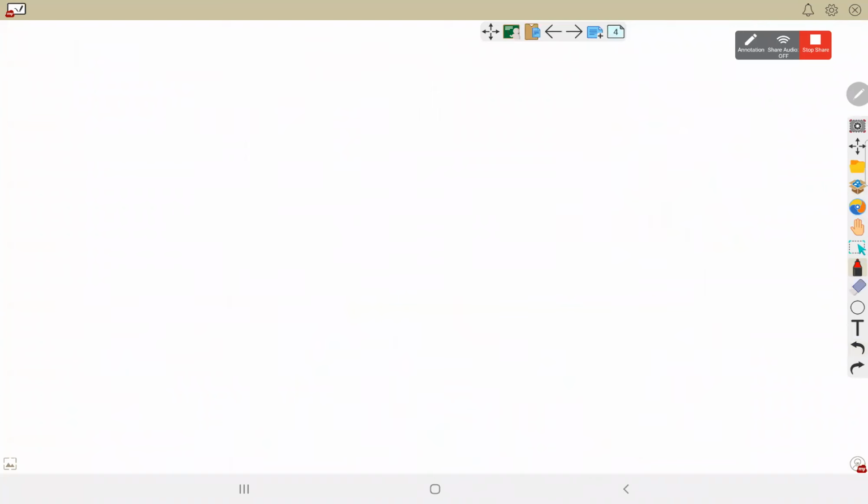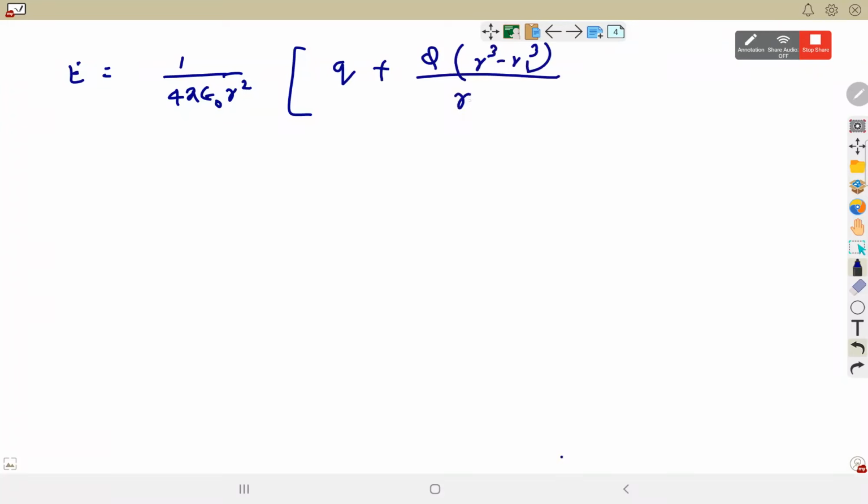So E accordingly will be E is equal to 1 upon 4 pi epsilon naught r square, times Q plus capital Q times (R cube minus R1 cube) divided by (R naught cube minus R1 cube). This is the electric field in the region in between the two surfaces.